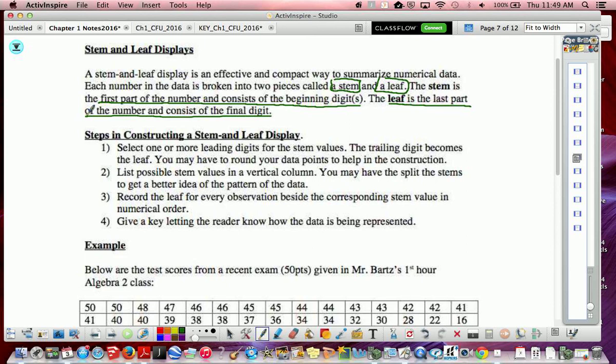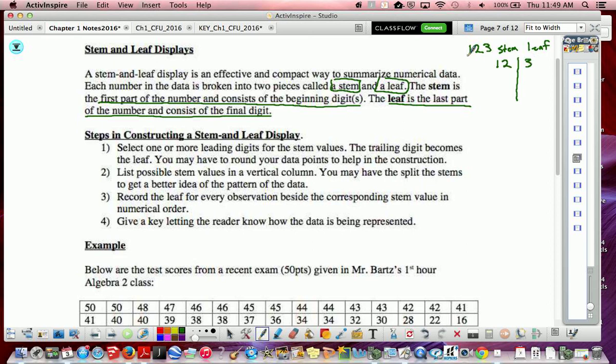So I might have a data set where I have the number 123. We'll divide the data into the stem and then the leaf. I'll write the number 12 here as part of the stem, and then the number 3 here as the leaf. So this represents 123.